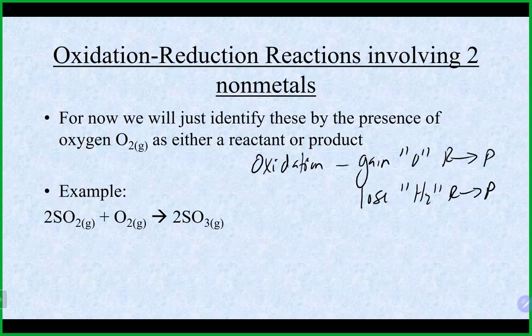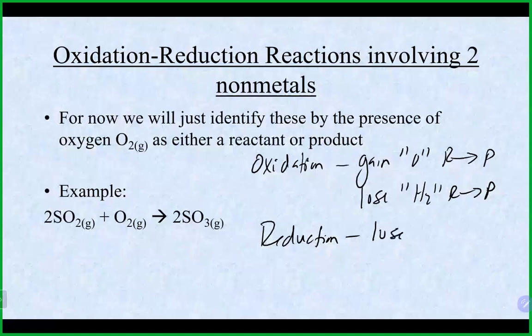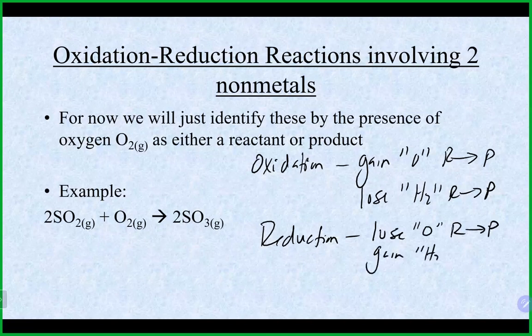And again, a lot of times in organic chemistry with nonmetals, reduction also has similar definitions: the loss of oxygen as you go from reactants to products, and the gaining of hydrogen as you go from reactants to products. So a lot of times when you're dealing with nonmetals, there's not a lot of charges, not a lot of metals happening there.